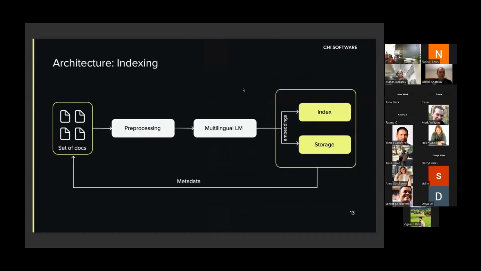So before we perform the indexing with the help of our multilingual model, we should firstly perform pre-processing of our text.